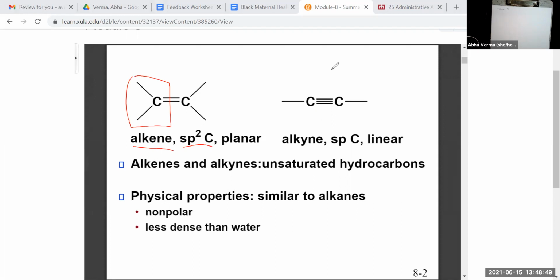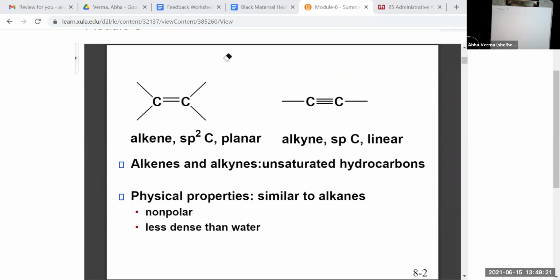They are not polar because if you look at the system, if there are hydrogens, carbon-carbon, there is not much electronegativity difference between carbon and hydrogen. And so they are also non-polar kind of structures. Their melting points and boiling points are very similar, just like your alkanes. So these are less dense than water.